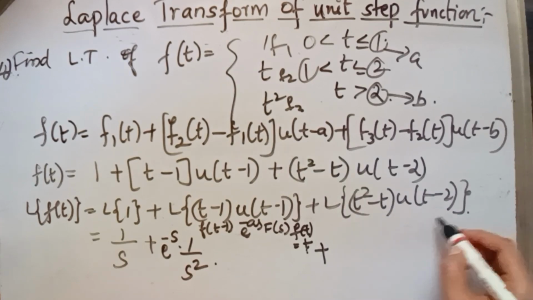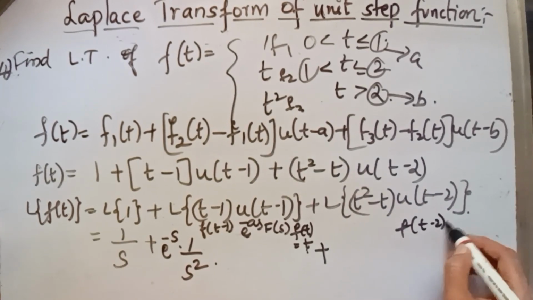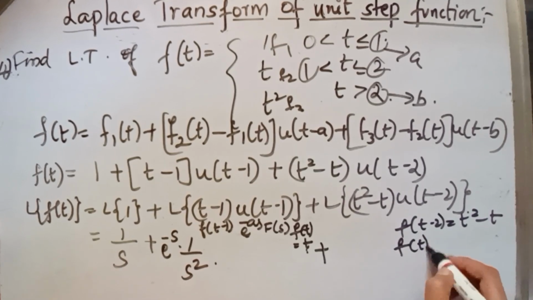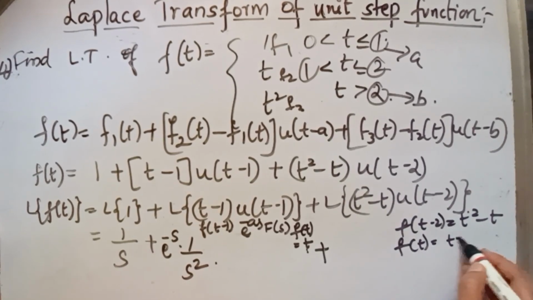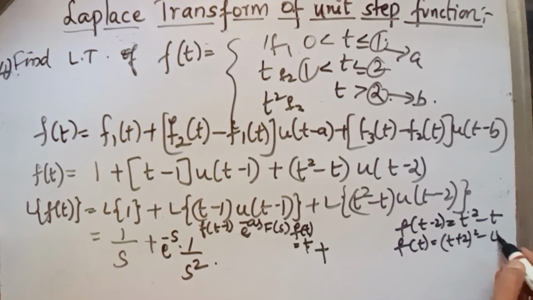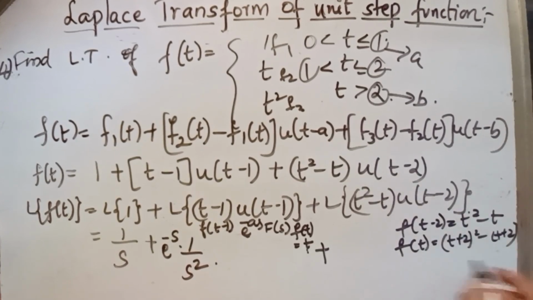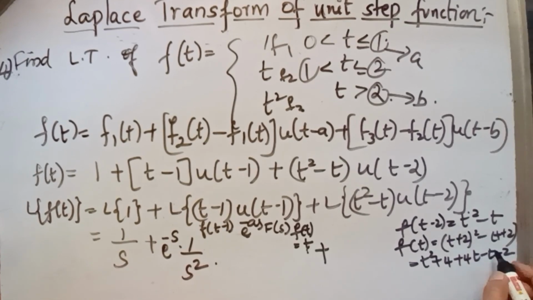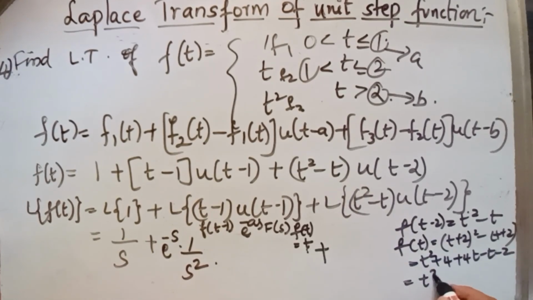Here f of t minus 2 equals t square minus t. So f of t equals, replacing t by t plus 2, t plus 2 whole square minus t plus 2. Simplify this: t square plus 4 plus 4t minus t minus 2. So t square plus 3t plus 2.